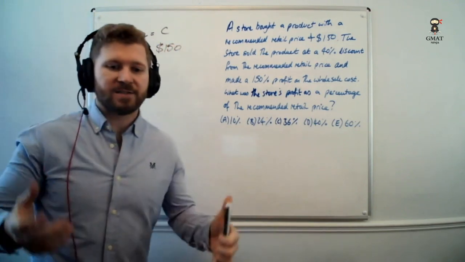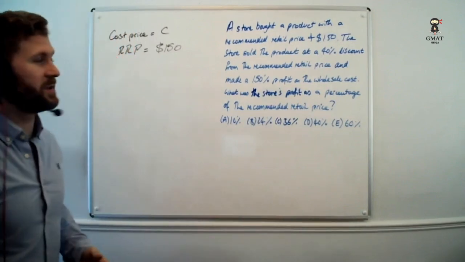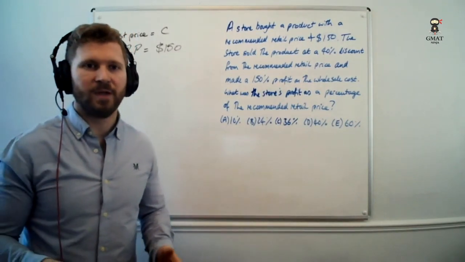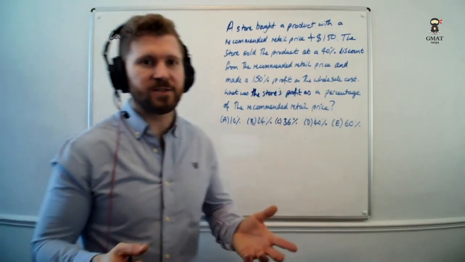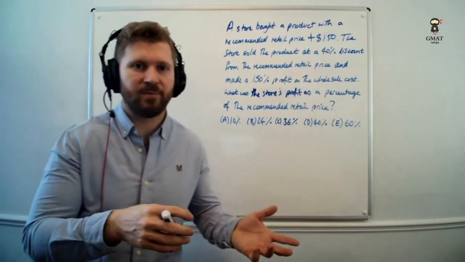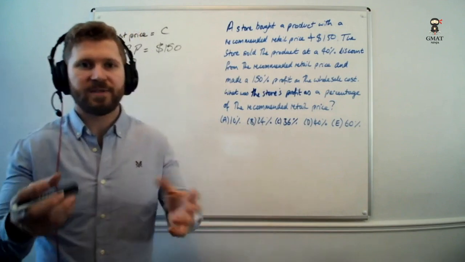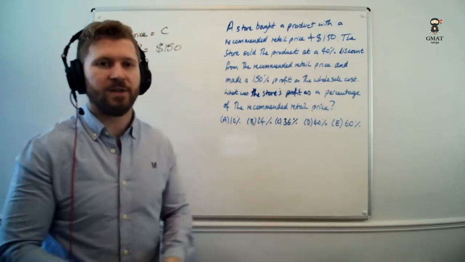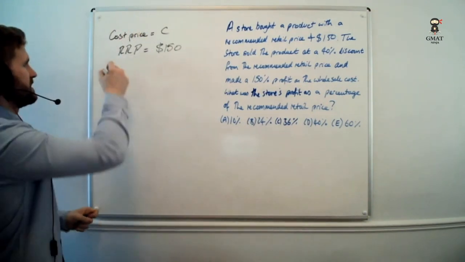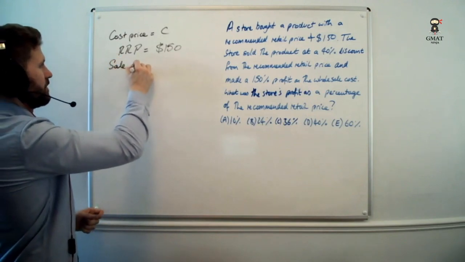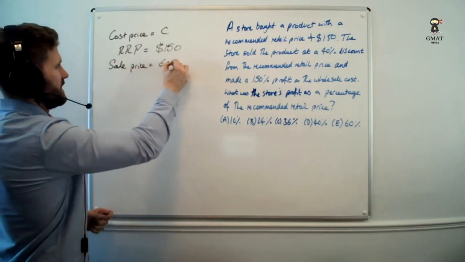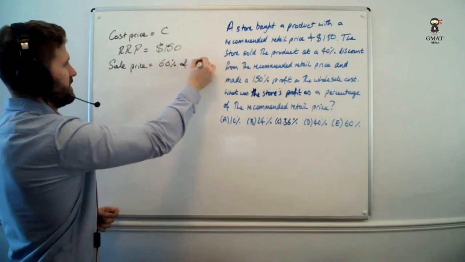right? The next sentence tells us that the store sold this product at a 40% discount. Now, you're going to get sick of hearing me say this as we go through the video. 40% discount means 40% off the original price. So 100% take away the 40% gives me 60% of the recommended retail price. My sale price is 60% of 150.